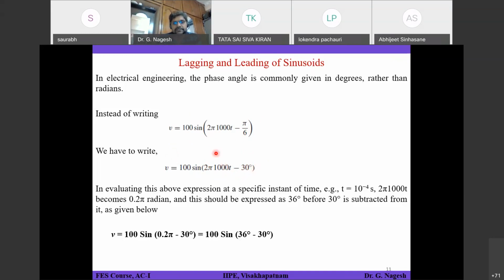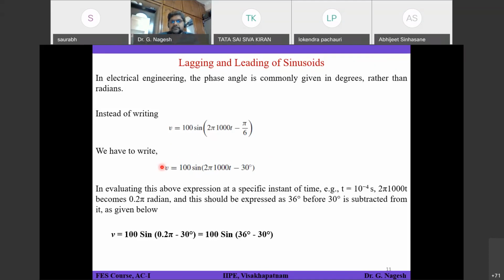But if you are asked to find out the value of v at one specific instant of time, then you have to convert both into degrees. Is it clear? If I ask you to find out v of t, where t is, let's say, 3 milliseconds, find out the voltage at 3 milliseconds. It's a waveform which is varying with respect to time.